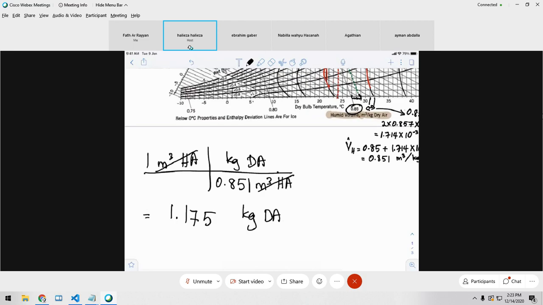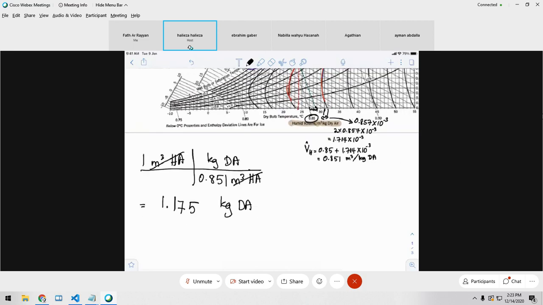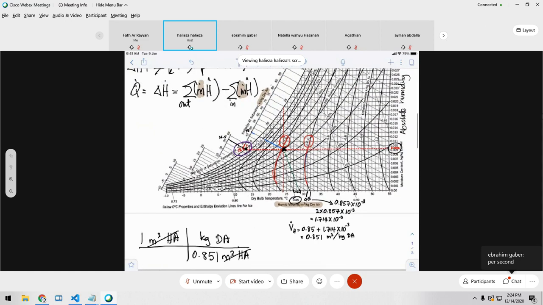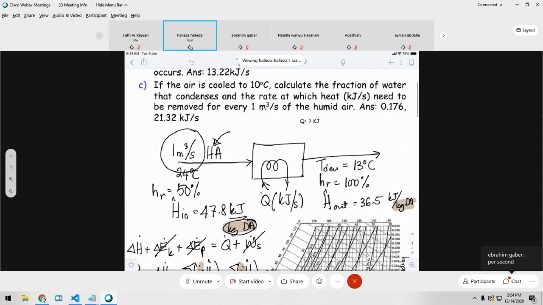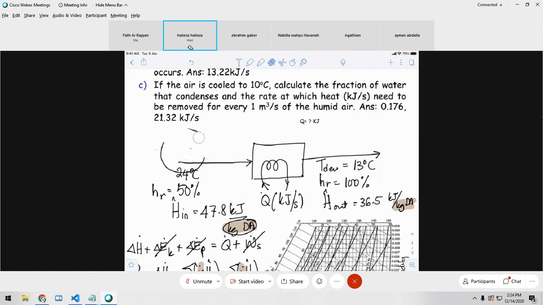So if you jot that down on our diagram, that's where I'm going to put it. I'm going to erase this volume and write down the dry air. So this is going to be 1.175 kilogram dry air.